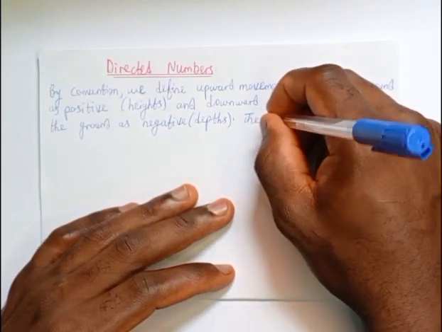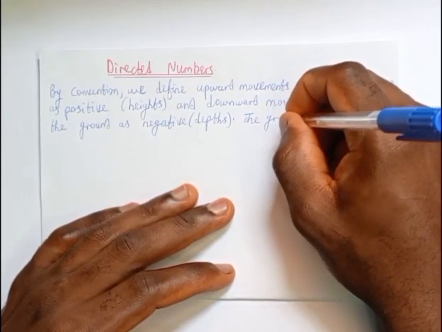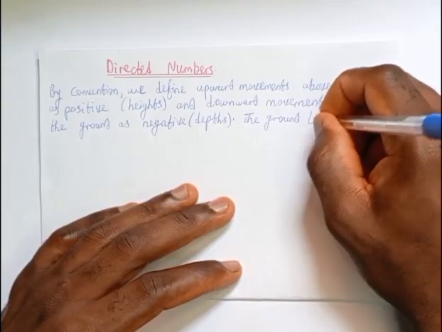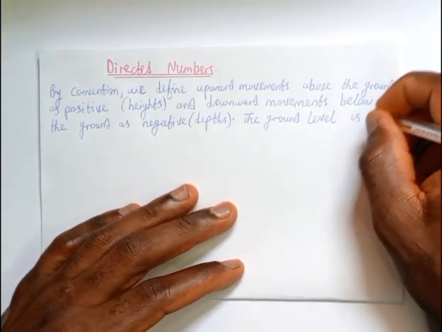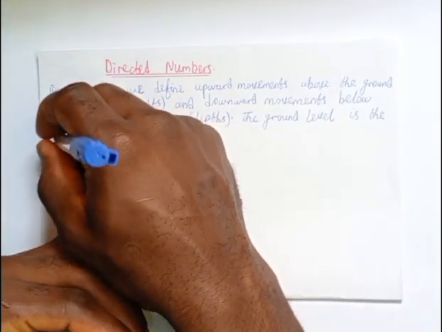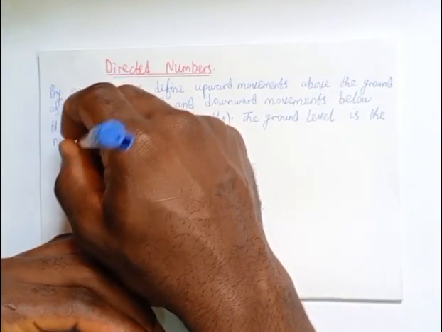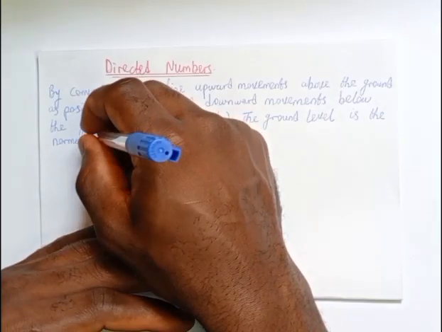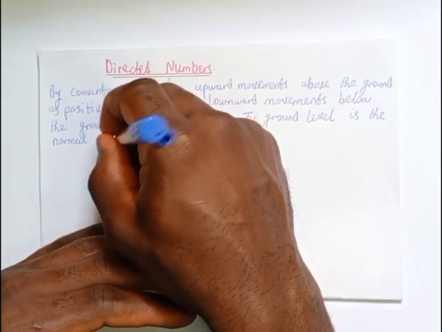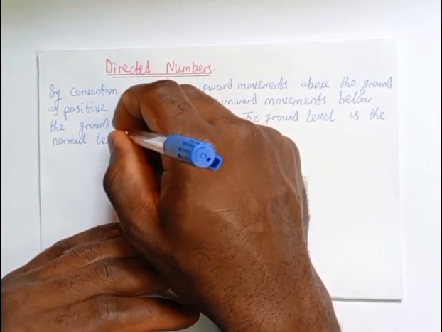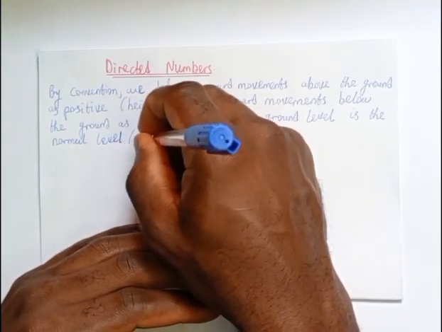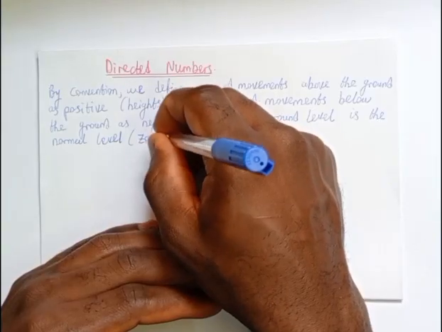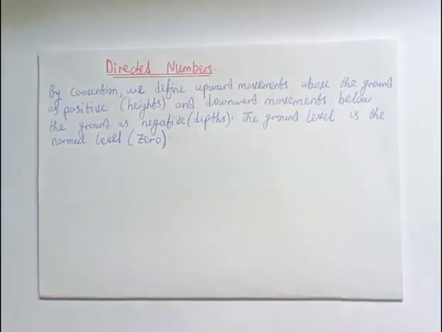The ground level is the normal level. The normal level in bracket 0. That means at the ground level it is 0.